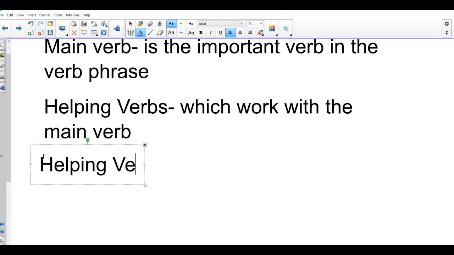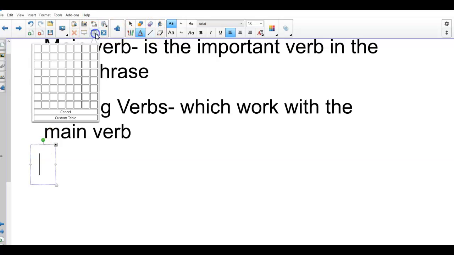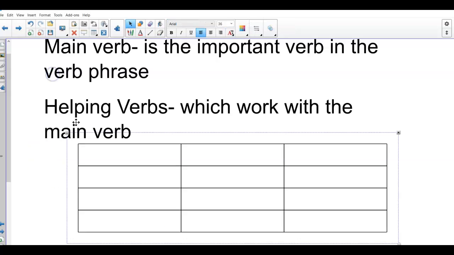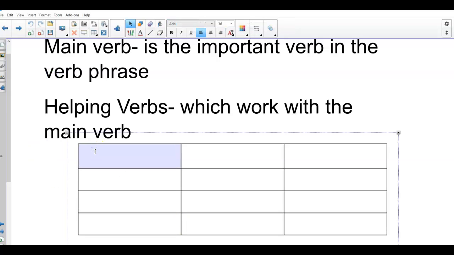Okay? A list of helping verbs. So this might help. I'm going to make kind of like a chart here and see if I can show you. When you come back to class, you'll have grammar books.